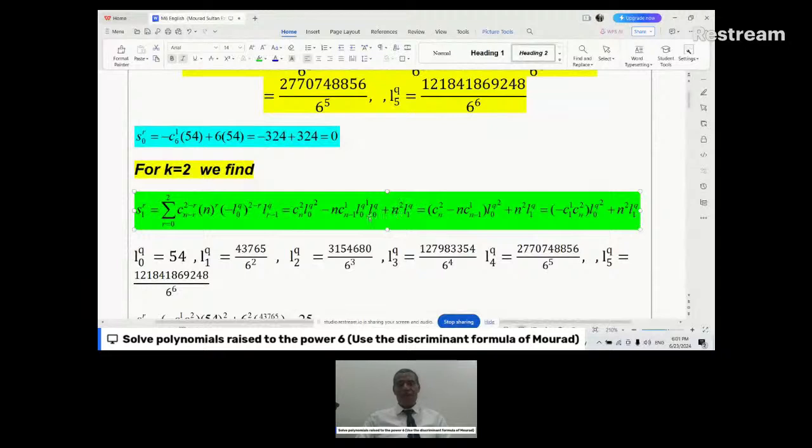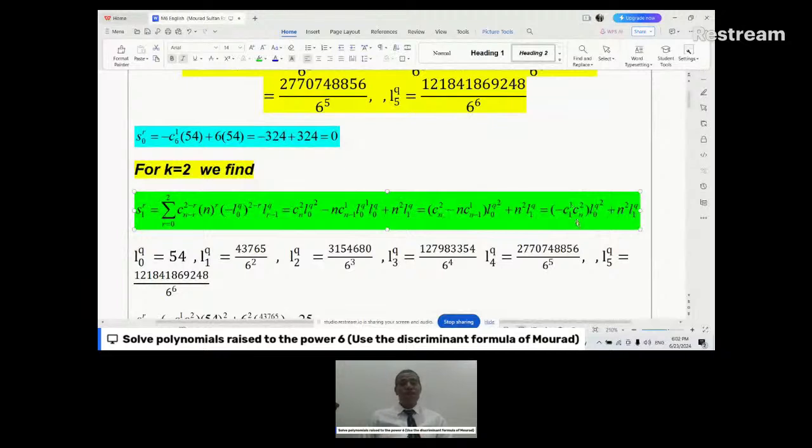Therefore, learners, you can see that L0 of the q squared, I will write as a common factor outside the brackets. Therefore, I will write combination n choose 2 minus n times combination n minus 1 choose 1, minus combination 1 choose 1 times combination n choose 2, times L0 of the q, all squared, plus n squared times L1 of the q. So this value of S1, this is what you already know.